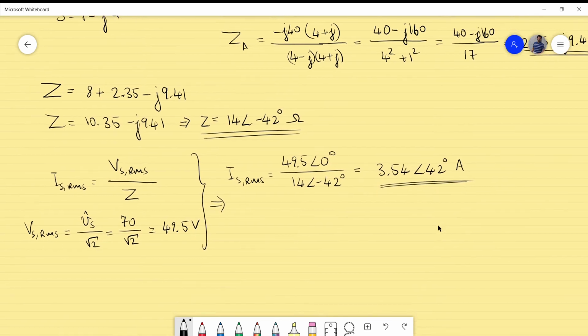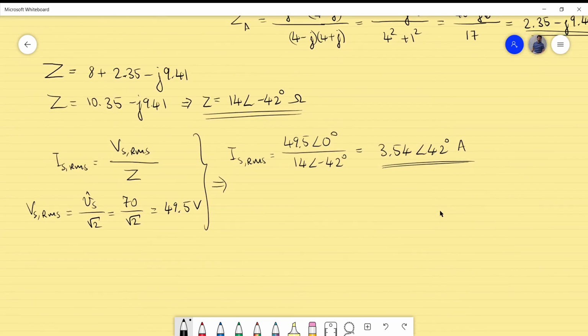So what is actually the diagram at the moment? The situation with ZA is the following. We have the voltage source VS, we have the resistor R1, and we have the impedance here, which we called ZA, and this is ground.